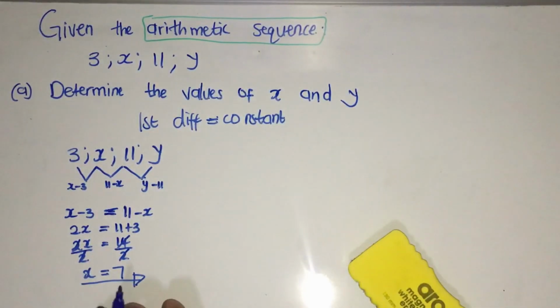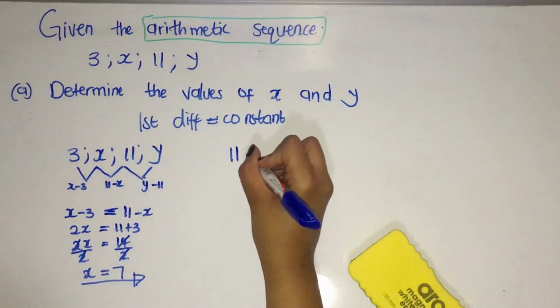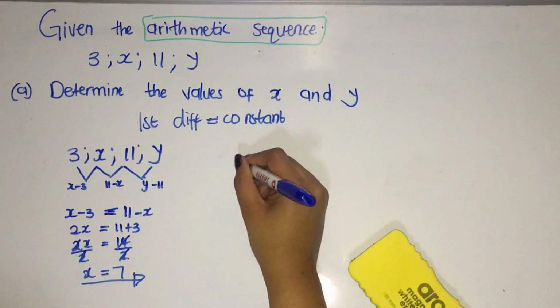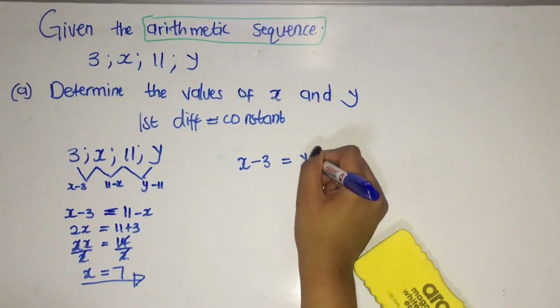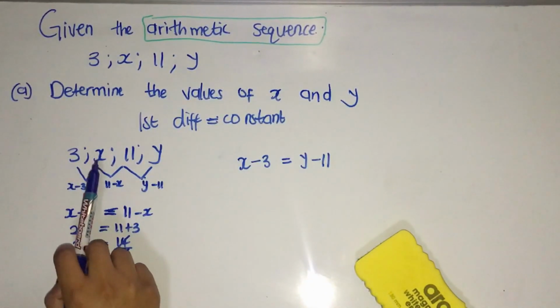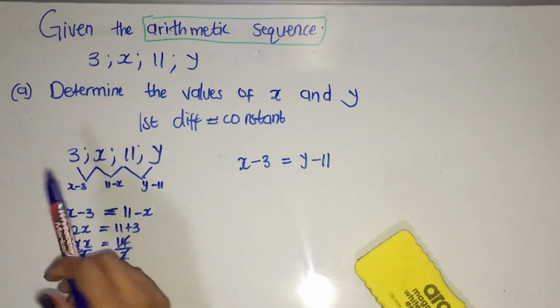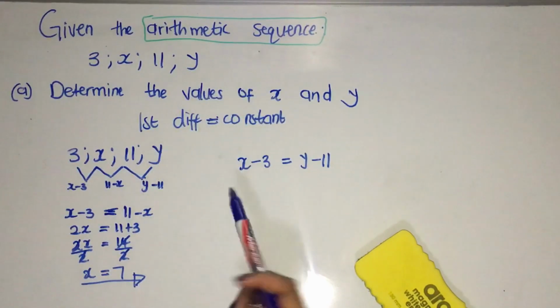Now that I have solved for my x, I can solve for my y. So I'm going to say x minus 3 is the same as y minus 11, right? Why? Because I know that this is an arithmetic sequence and therefore it has a constant difference.